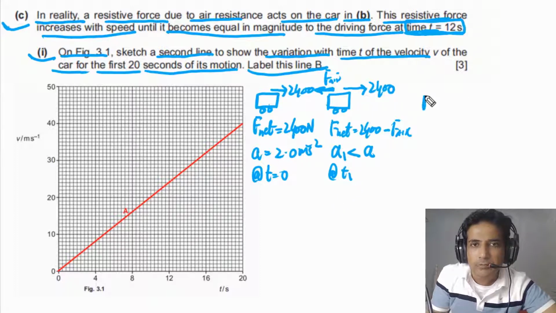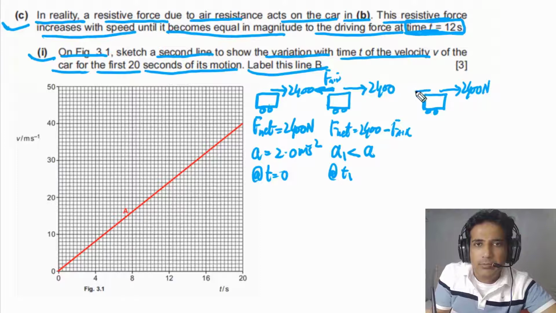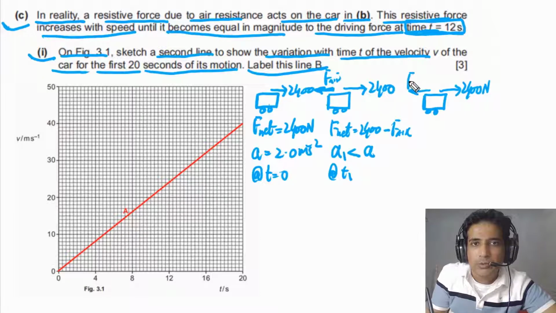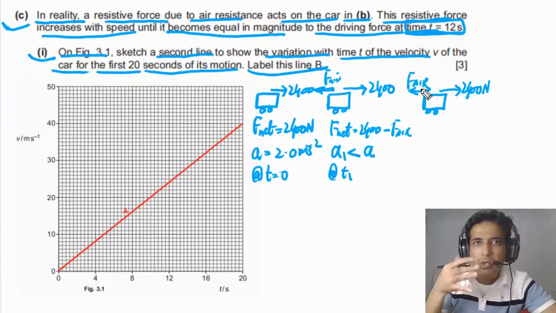Now after a certain period of time, let's say at time T2, the driving force is still 2400 newtons and the air resistance has increased as compared with time T1. So this is F air. It has increased because it depends on speed.